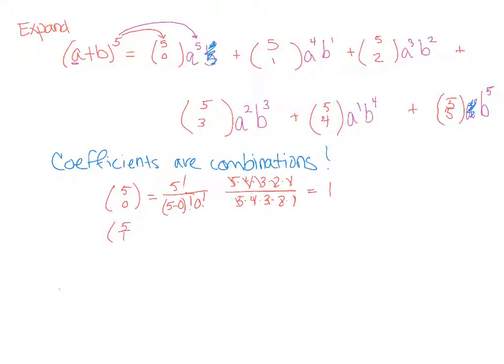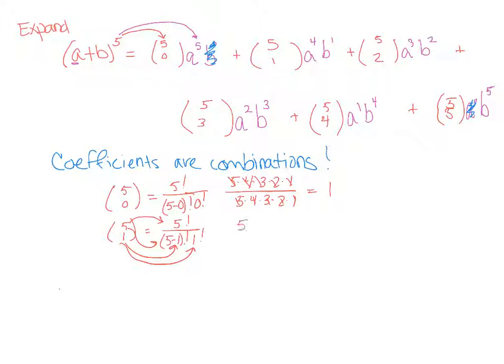Okay, 5 choose 1. That would be 5 factorial over the difference of the 5 and the 1, so 5 minus 1 factorial. And then remember, the term is repeated, the choose 1. I didn't mean to have a fraction back here. Just threw me off looking at that. Okay, so the 5 is going here, and the 1's going there, and there, basically.